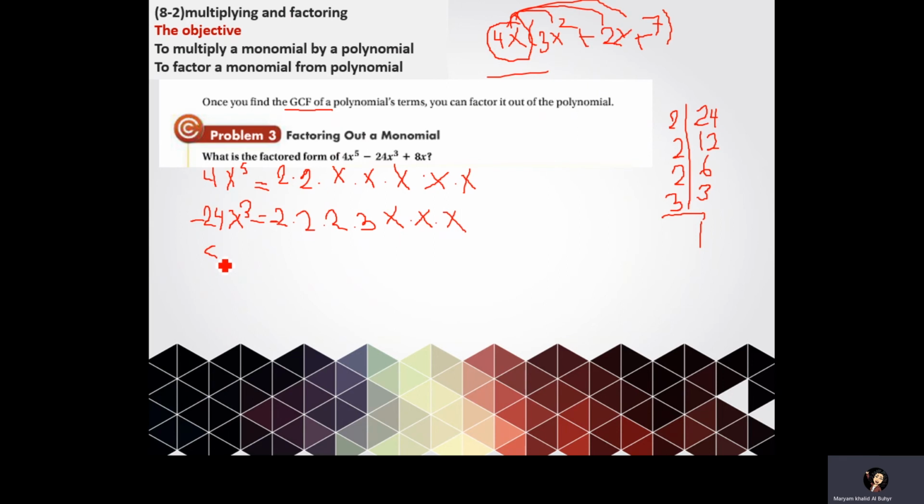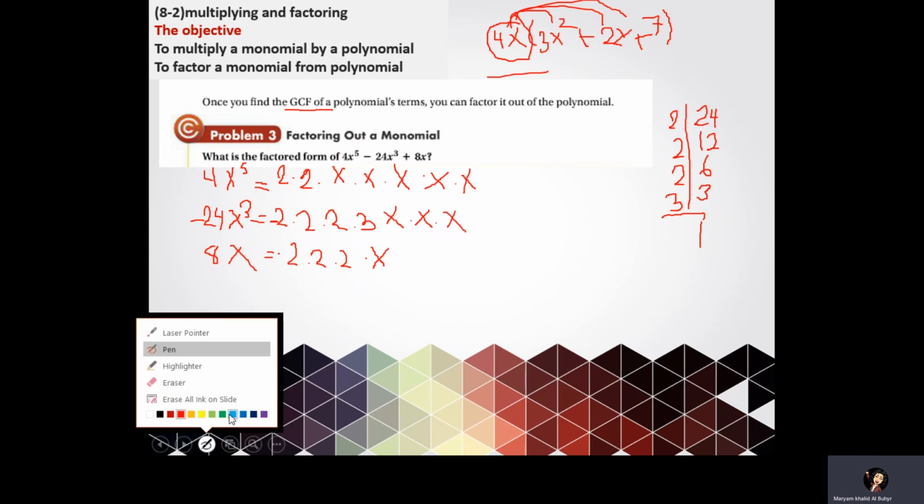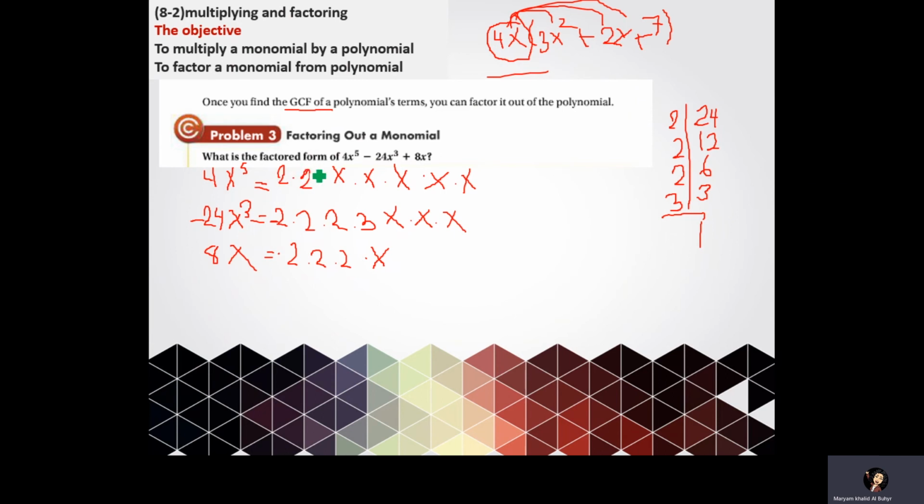Now, finally, we have 8x. I can factor it into 2 times 2 times 2 times x. So I will see the common factors between them. What is the common between them here? I have 2, 2, 2 in all of them.